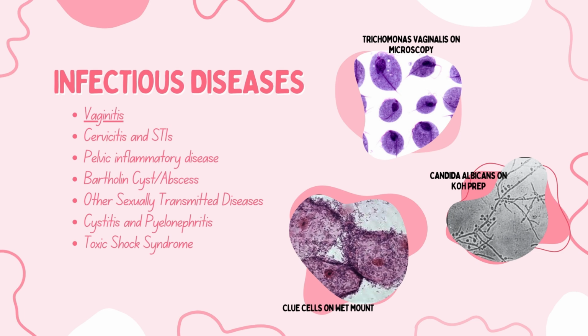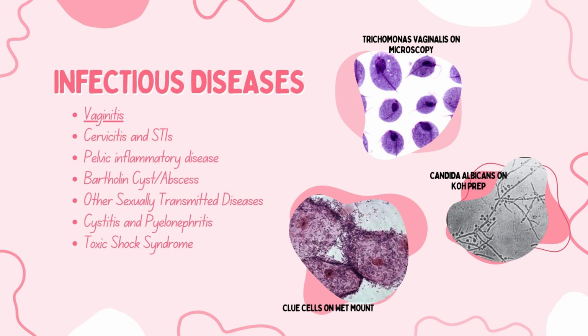They said, "No clue why I smell fish in the vagina garden." I guess that's supposed to help you remember the whiff test. That's so stupid. But I included an image here of the clue cells on wet mount in case you get it on your EOR. That is what it would look like.